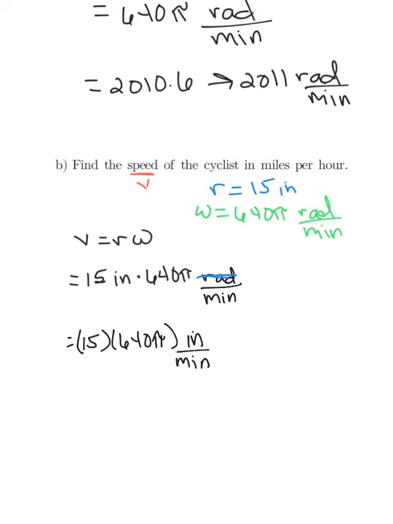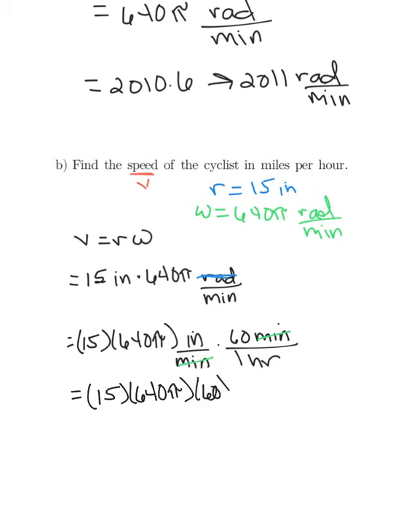Let's convert to hours. That will be quick and easy. So we need to get rid of minutes, make it hours. So we are going to do 60 minutes in the numerator, 1 hour in the denominator. So now the minutes are gone. Looking at what we have now, we have 15 times 640 pi times 60, and we have inches per hour.